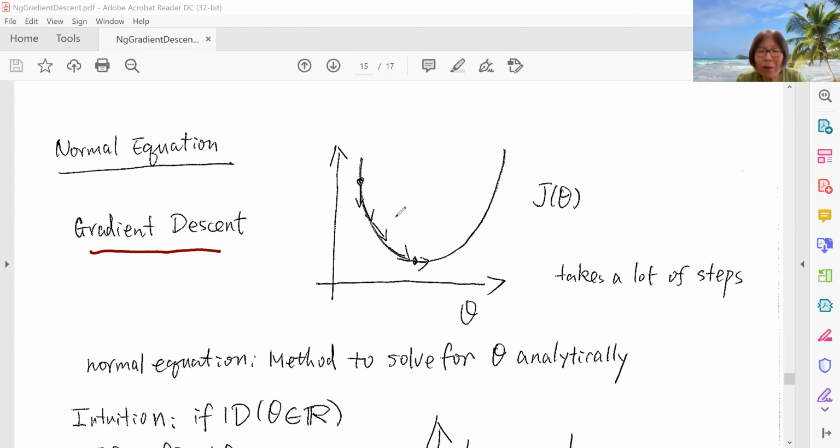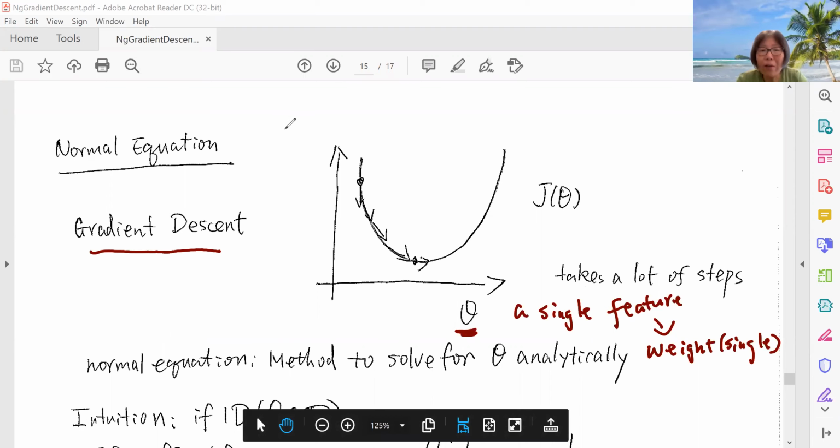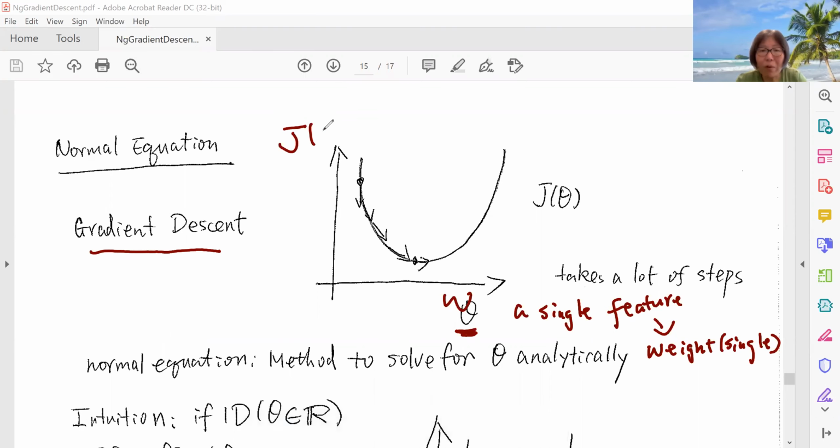So regarding gradient descent, this diagram shows we consider just a single feature, and we assume theta zero is zero. So we just consider the single weight basically, and this is W. This J(W) is a cost function.